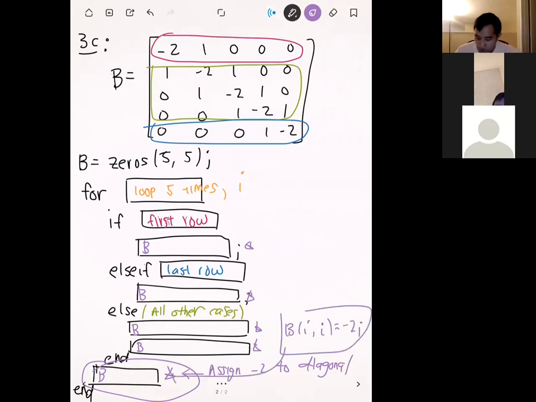And so that'll go down there, because we know that I, which is our loop variable, is going to eventually count from 1 up until 5. Just by using that, we can assign entries in the matrix. And so that basically tells us that all the other B lines here are going to assign the off-diagonal terms.